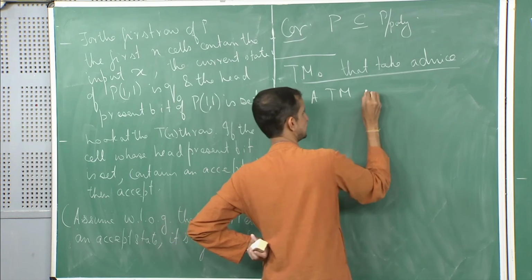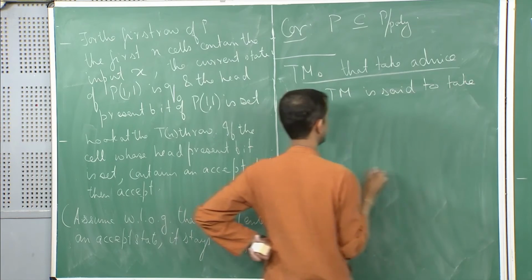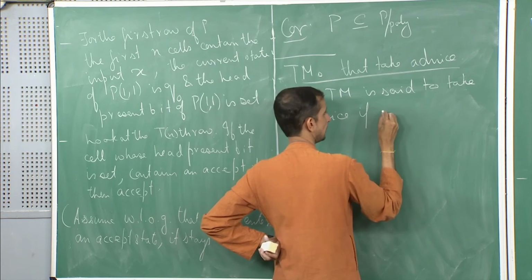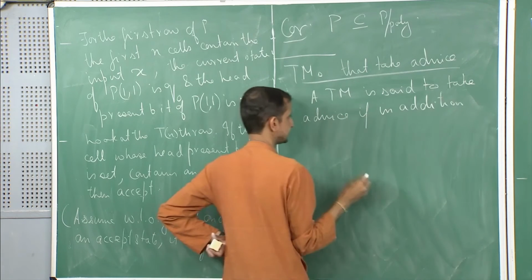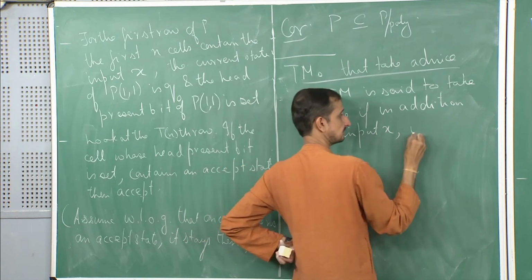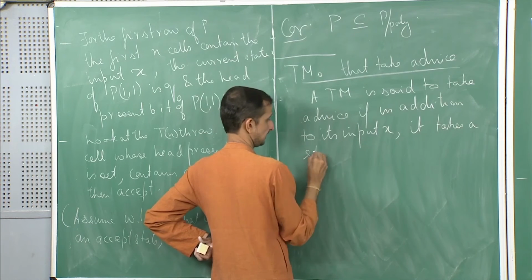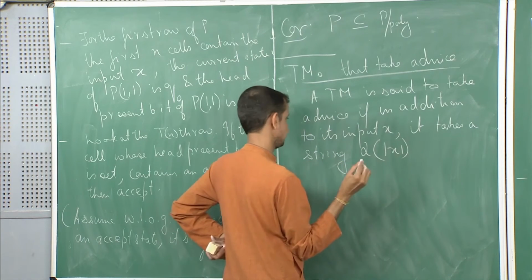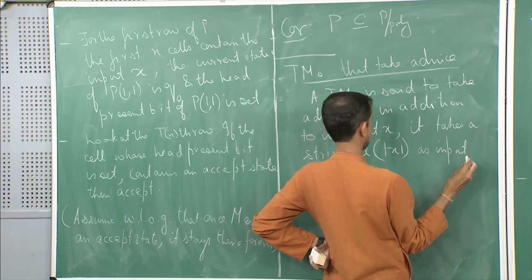A Turing machine is said to take advice if, in addition to its input X, it takes a string alpha of |X| as input as well.